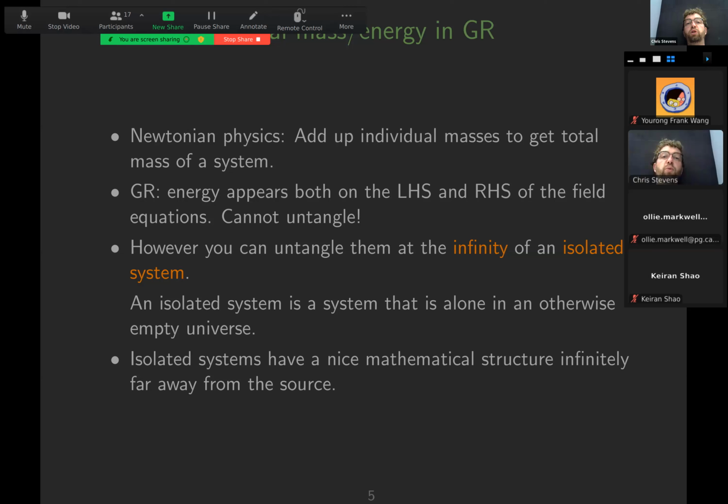So it turns out that if you set up what's called an isolated system, so if you did have this system of two black holes orbiting each other in an otherwise empty universe, then if you go infinitely far away, all the gravitational radiation will die off, and you are left with the same manifold or the same metric at infinity.